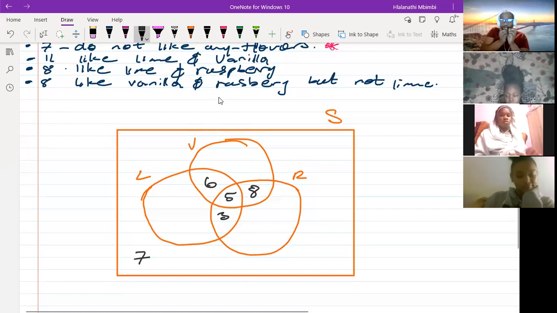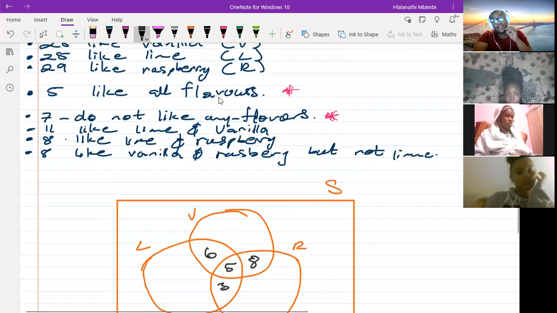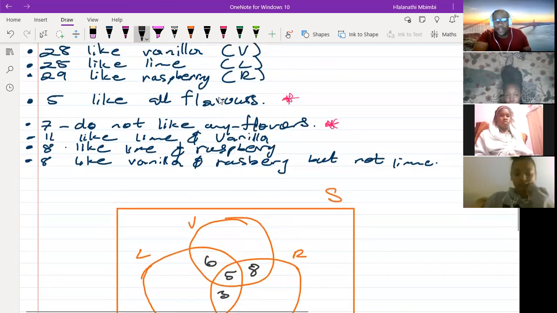So you start with the people who like more things, because more things intersect, like the 5. Then you come to the ones that like 2, and then you come to the ones that like just one.